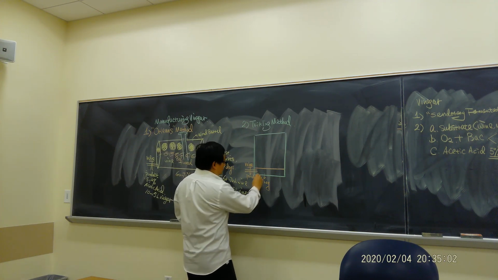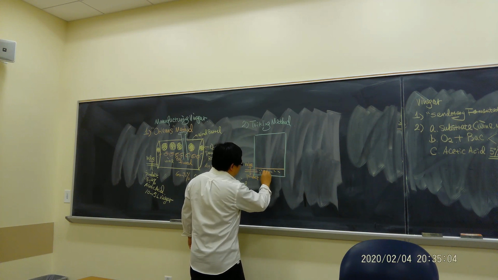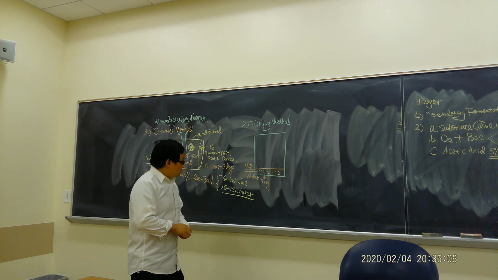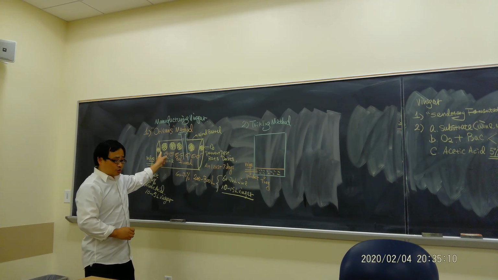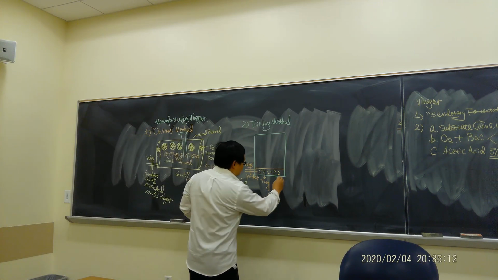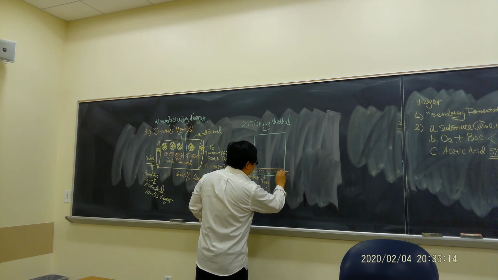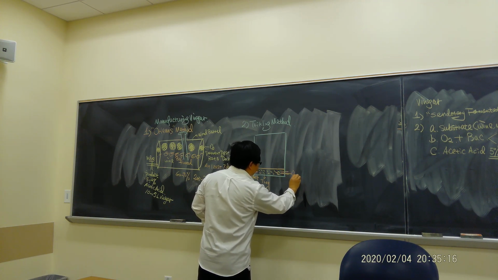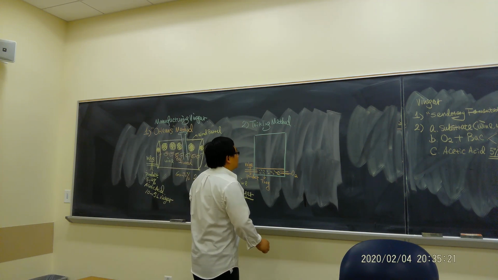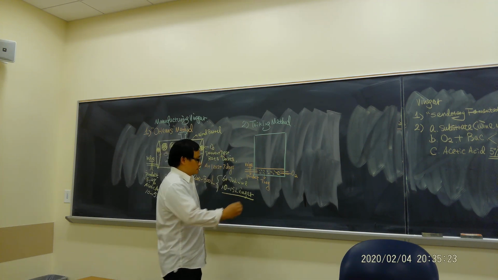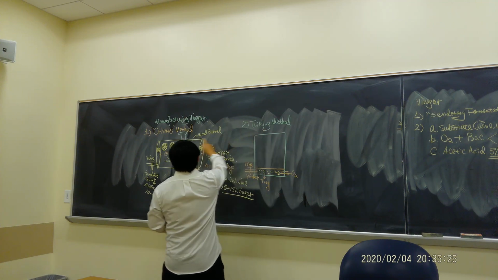Now the product is going here. This oxygen is only going in from this mesh window. This oxygen is going to come in from here. The key thing here is, what's the difference between trickling and orleans?